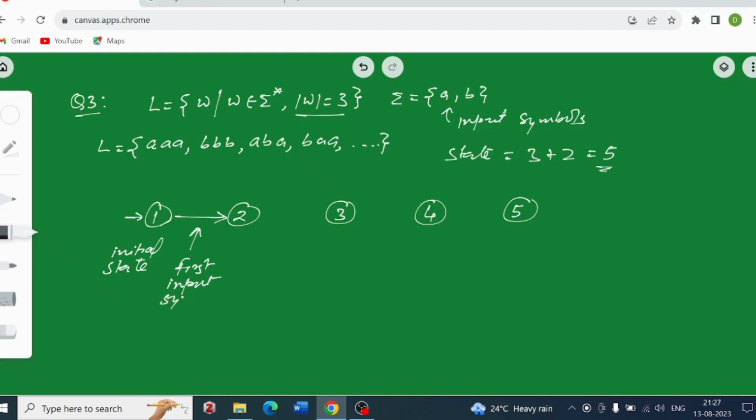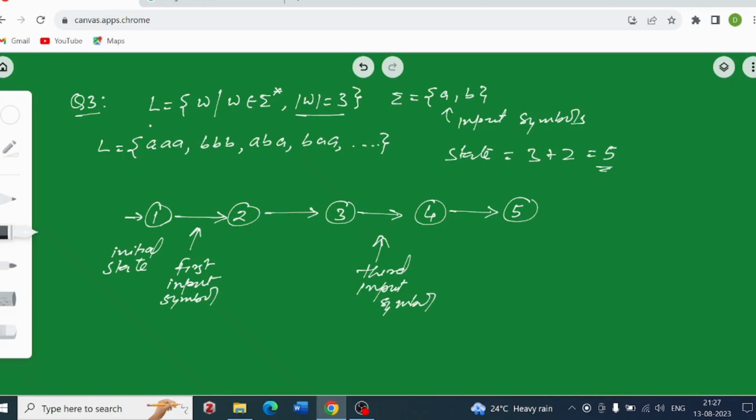Similarly, the arrow connecting state number 2 with state number 3 will represent the second input symbol, and this is the third input symbol, and this is the fourth input symbol.